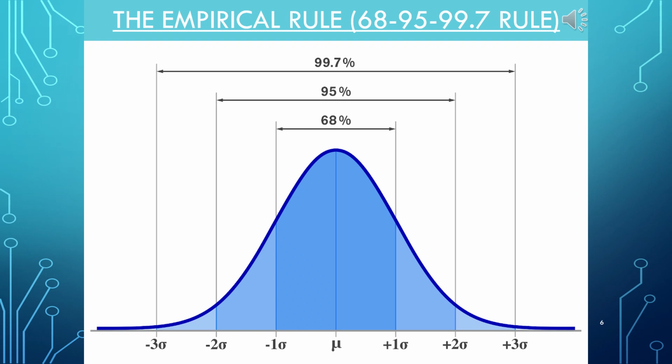So that means almost all the data is within 3 standard deviations of the mean. So we can use this to say, if we get a value that is 5 standard deviations above the mean or 5 standard deviations below the mean, how likely is that to happen? It's incredibly unlikely, because 99.7% of the data should be within 3 standard deviations.